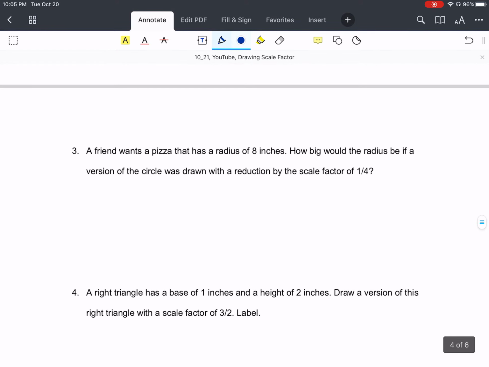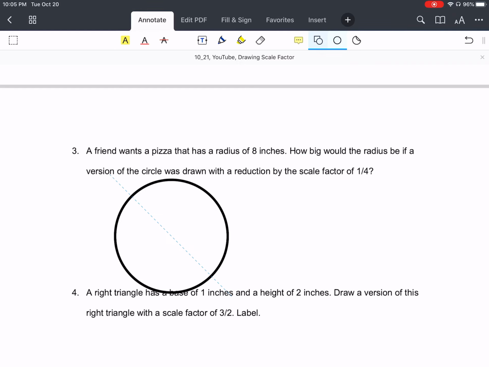Okay, number 3. A friend wants a pizza that has a radius of 8 inches. So that would look like this. We would have a pizza, and the radius, and this is obviously not to scale, the radius would be 8 inches. How big would the radius be if a version of the circle is drawn with a reduction by the scale factor of 1/4?